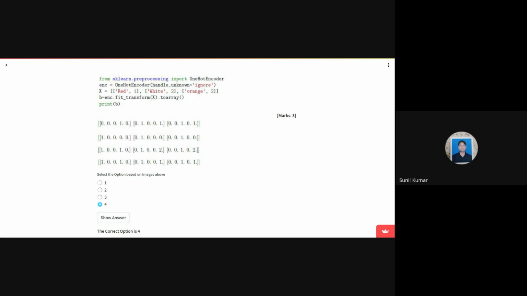Ma'am, what is the impact of handle underscore unknown ignore? One second, I'm explaining. So handle unknown equals ignore means, let's say we have 3 categories, red, white, and orange in our train data set. Let's say in the test data set, we get some category which is blue.